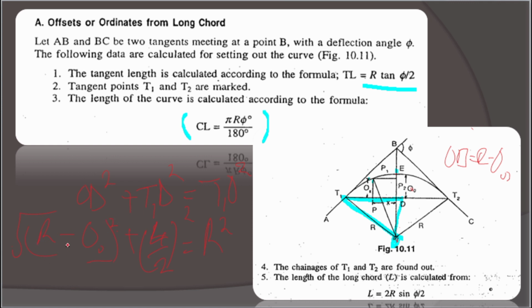So by separating this, they will have R squared minus offset origin squared plus L over 2 squared is equal to R squared.